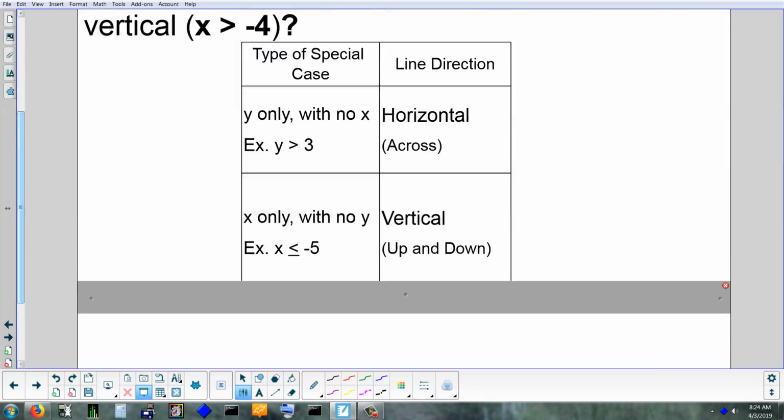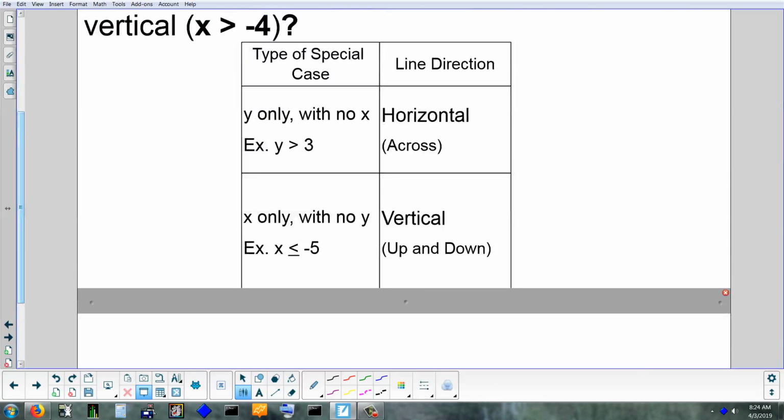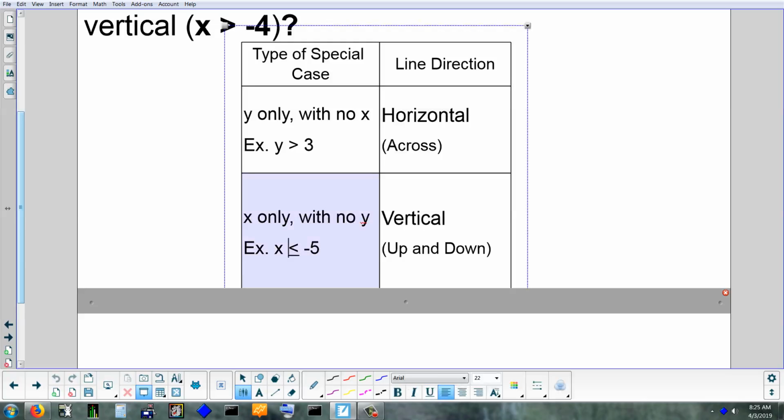All right, what about this one? X is less than or equal to -5. Where would you shade? To the left. You wouldn't have a below because the line goes up and down. You'd shade left because it's pointing left. Everything else is always on a diagonal. So normally, if it's not a special case, you just have to worry about above and below. This is the only one where you have to worry about left and right.